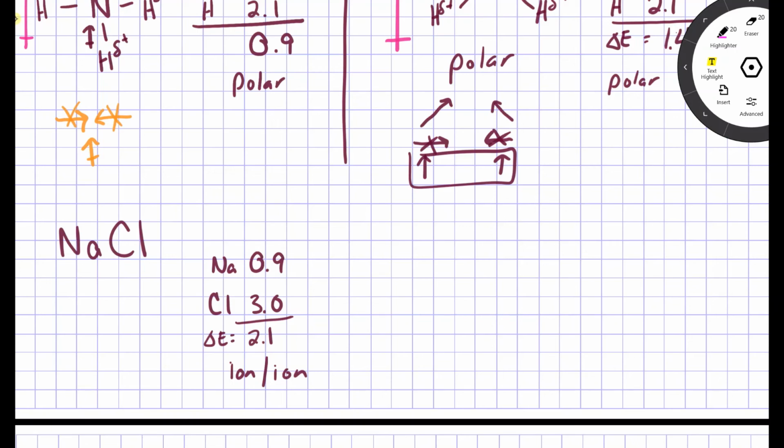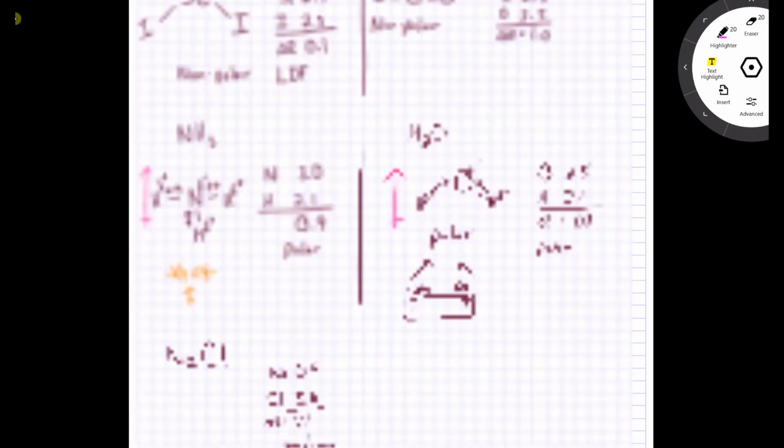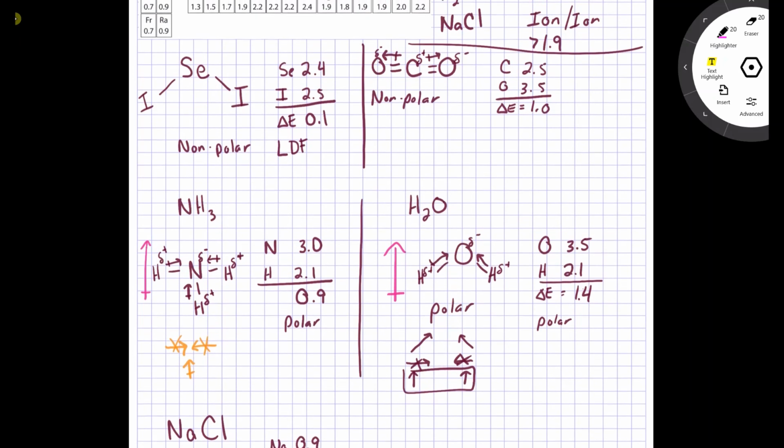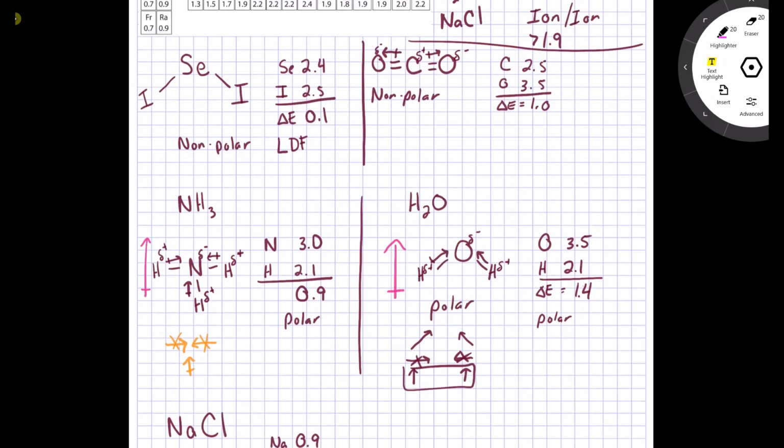So now, what if I ask you to rank these in order of strength? Well, what we're going to do is we're going to look at our polarities. So when we look at our polarities, we said that this was nonpolar, which was an LDF. When we look at this one, that means that this one is also nonpolar as an LDF. This one is polar, so that'll be a dipole-dipole.